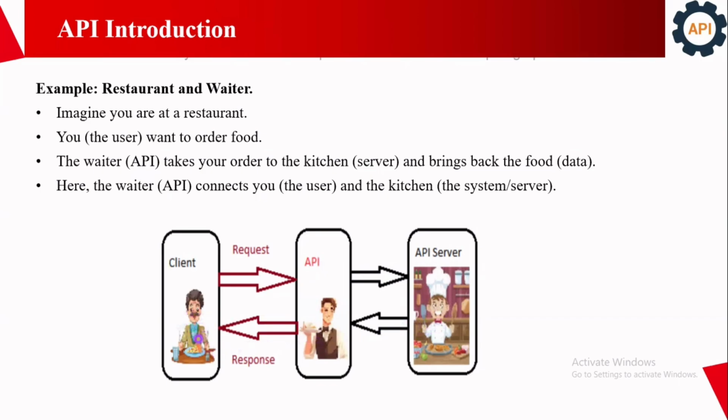So the waiter works like an API. This is the client request and this is the server, which gives back the response. So there are two applications communicating with each other using this API. For example, this client is one application and the server is another application. Hope you understand in the real-world concept what is meant by the API.